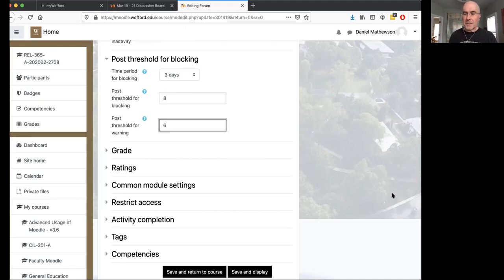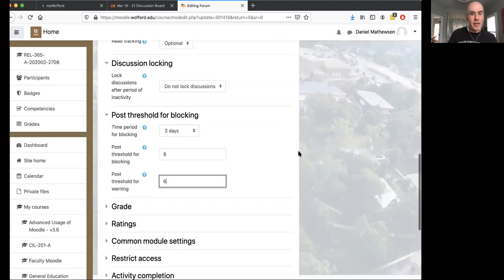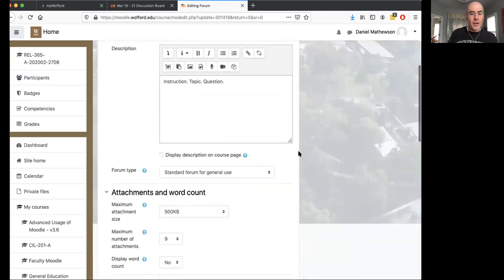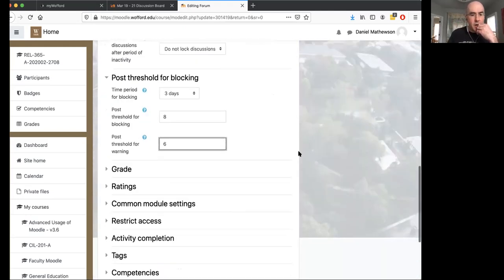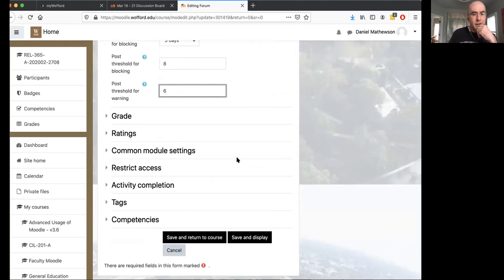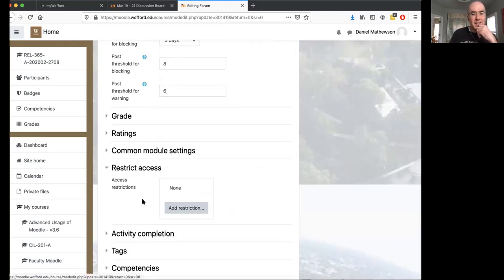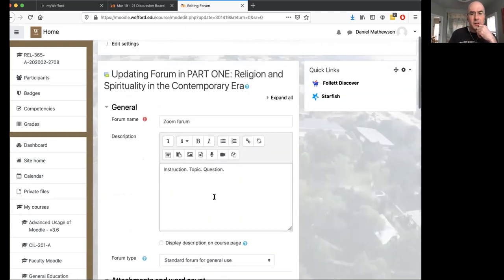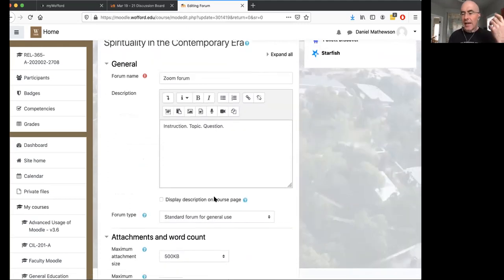You put dates in the forum to start and stop it. What do I do? You can restrict their access, like if you want to do a date restriction. I don't know.